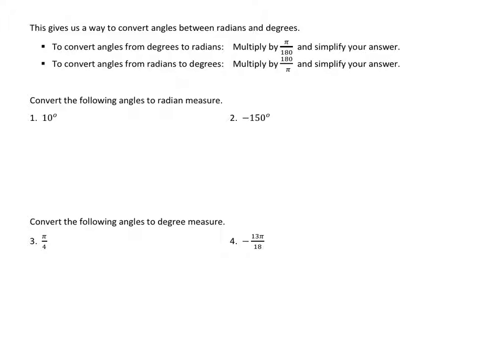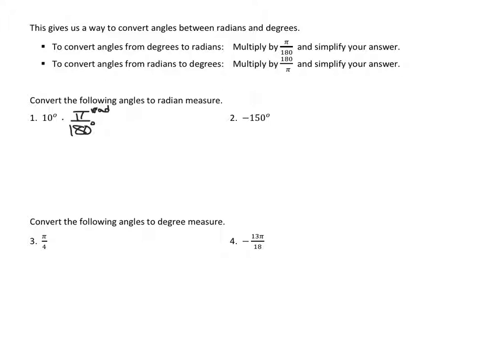So if I want to convert, I'm just going to multiply by pi over 180. Remember, 180 represents degrees. This is all with conversions. Our whole goal is to get rid of the degrees, so we are left with radians.